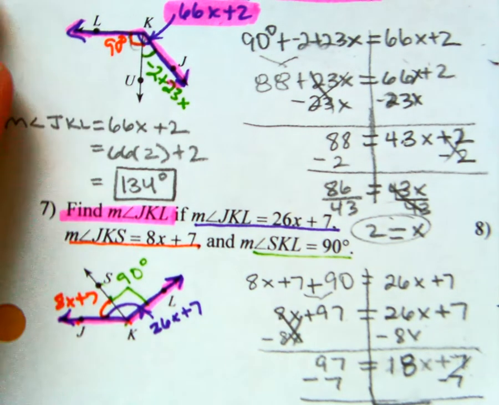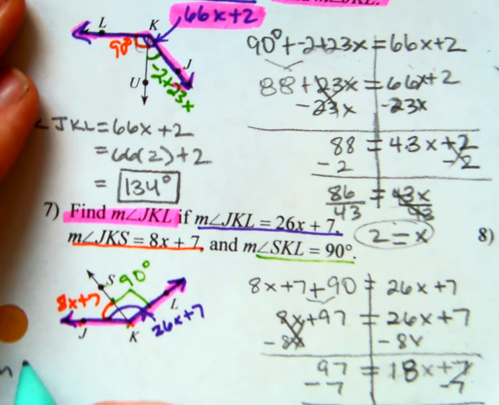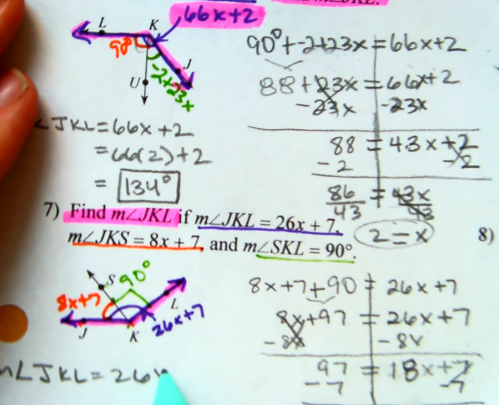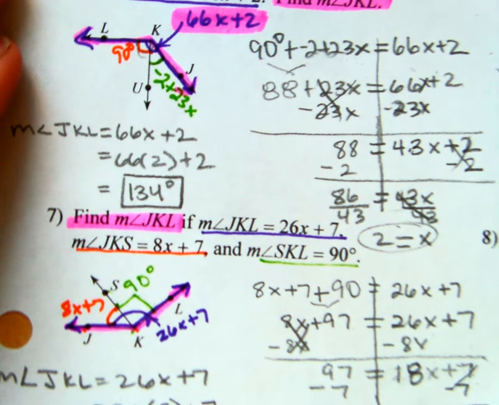And so now all I need to do is plug it back into JKL, which is 26x plus 7. So it'll be 26 times 5 plus 7. 26 times 5 is 130, and 7 more makes 137.